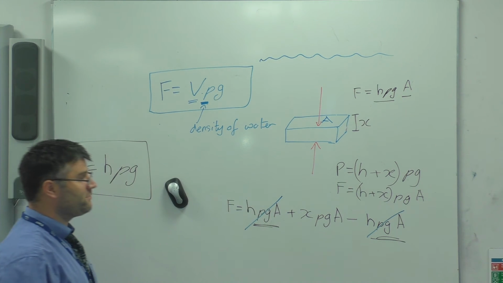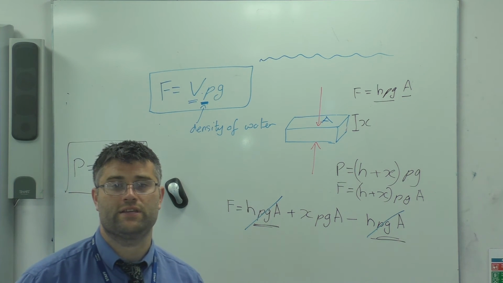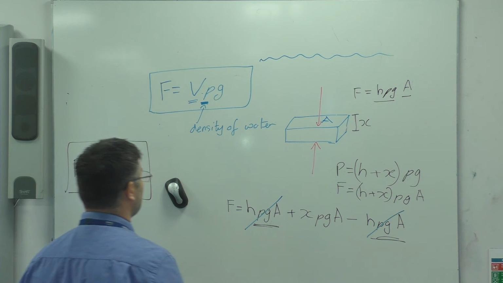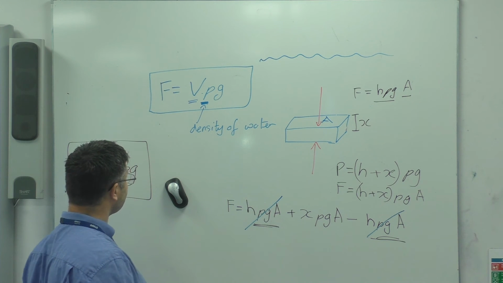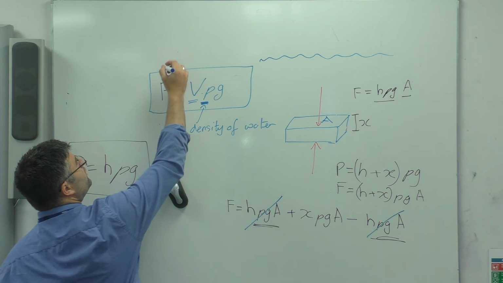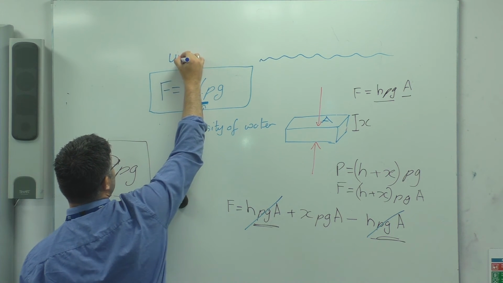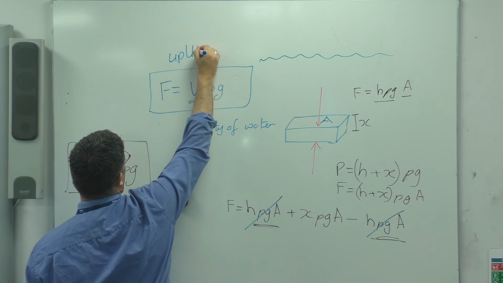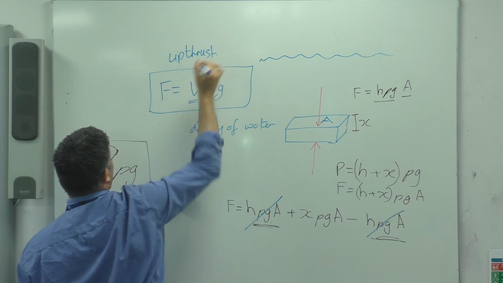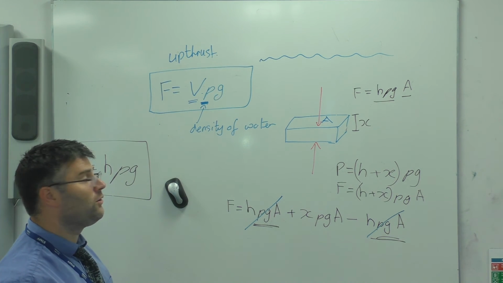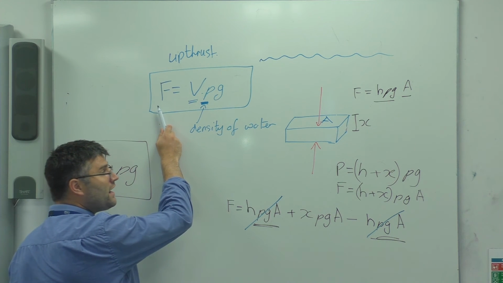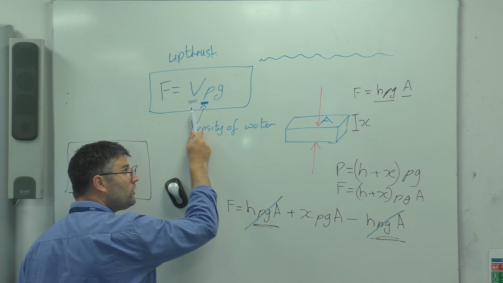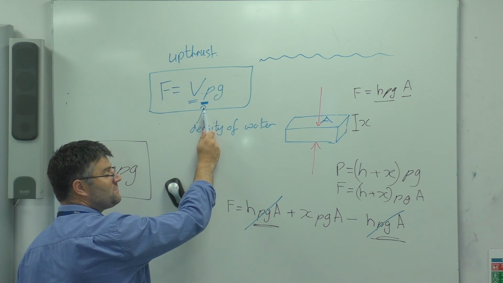And g is, as we would expect, the gravitational constant, the acceleration due to gravity. So this force is the upthrust that the object under a liquid will feel, and that force is directly proportional to the volume of water displaced.